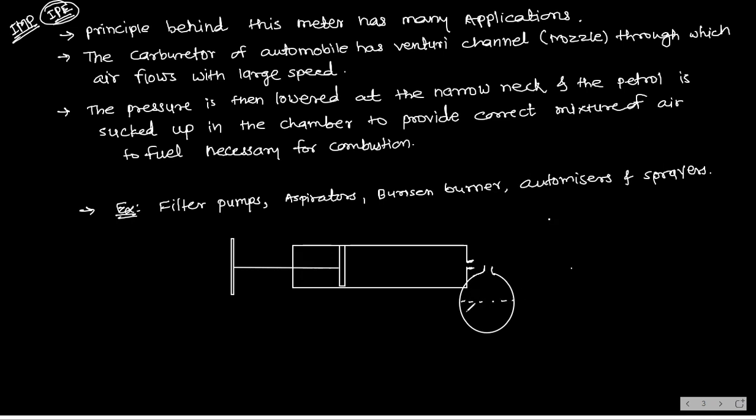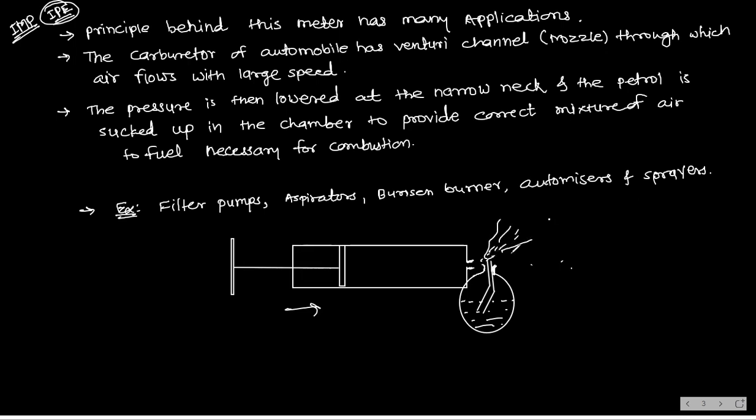Now this is liquid here in this flask, and assume there is one straw-type thing here which is dipped into the liquid like this. Now see, when this piston is pushed inside, a pressure difference gets created at the narrow end, and automatically this liquid will come out.